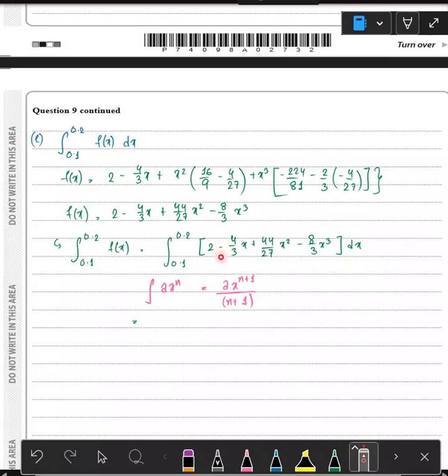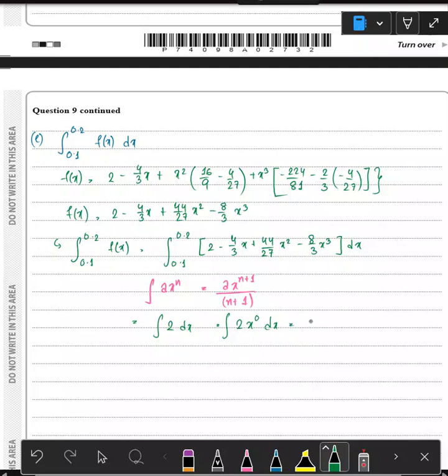But if you look closely here, when you integrate 2 dx here, you are actually integrating 2 x to the power 0, because x to the power 0 is 1, so that's why we don't write it.